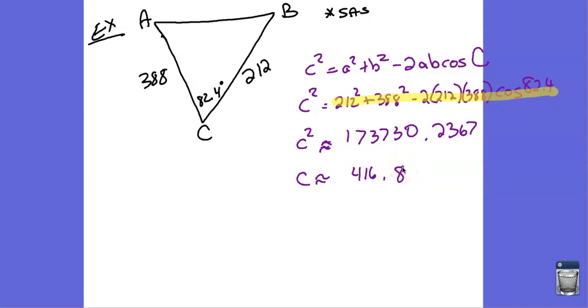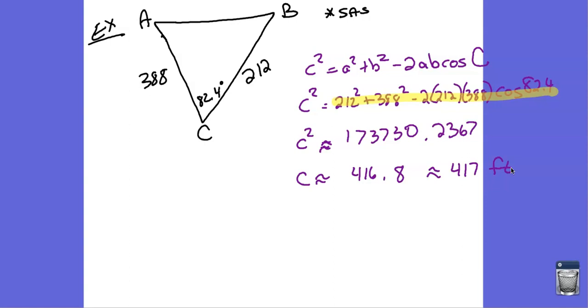So it's approximately, if we just wanted to do the nearest whole number, approximately 417 feet, if that's the measurement that we're doing. So that's what we would be solving for, is side C. All right, and then if you wanted to, you can go back and do the entire thing.